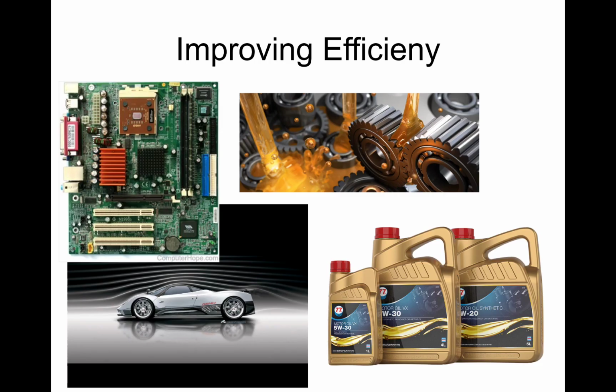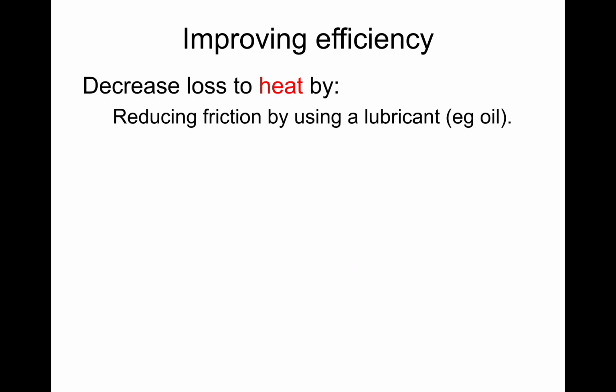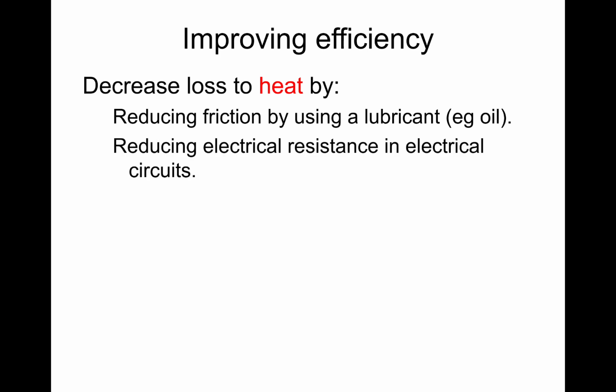So one last thing, how do we improve efficiency? There's a couple of ways that we do this, which you need to be aware of. Pretty straightforward. We need to decrease loss to heat by reducing friction by using a lubricant, for example oil. Lubricant is the one that's normally on exam mark schemes. Reducing electrical resistance in electrical circuits, that's another way.